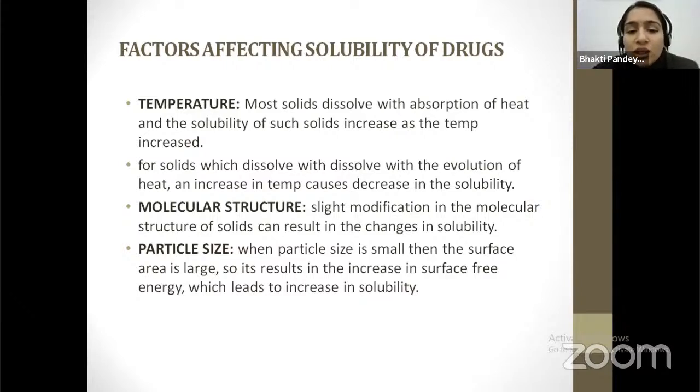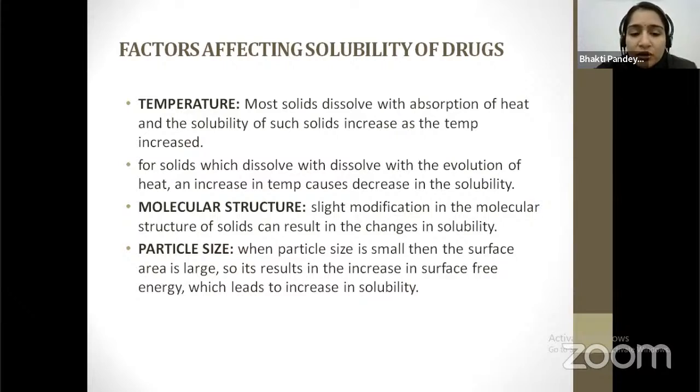If we try to reduce the size of a particular solid, then the surface area will be increased, and if the surface area increases, ultimately the solubility will also increase, as the solid particle will have more contact with the surrounding, or biological membrane, so that it can pass through that membrane or biological system.